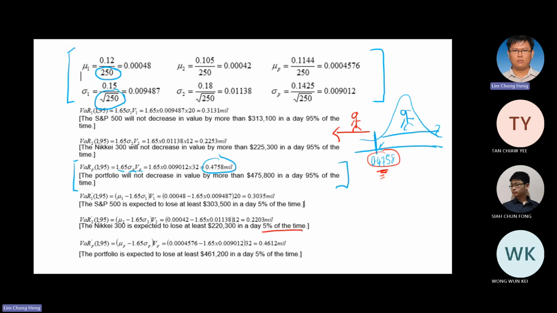You only have the confidence of 5%. Okay, so remember the keyword: at this, you're using 5% of time, and then "will not be more than" is 95% of time. Okay, interpret, also don't confuse.